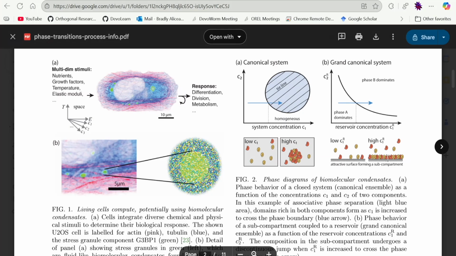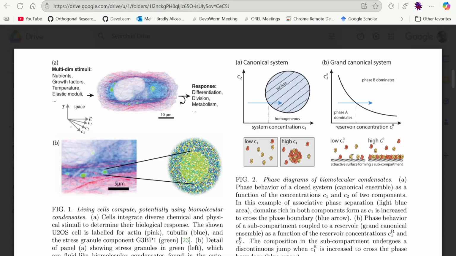Whereas in high concentration conditions, the entire surface of the subcompartment is packed with these biomolecules and they're competing to get down to the bottom. And there's this phase transition that occurs. You get this surface that's filled with biomolecules versus the surface that's sporadically covered with biomolecules.